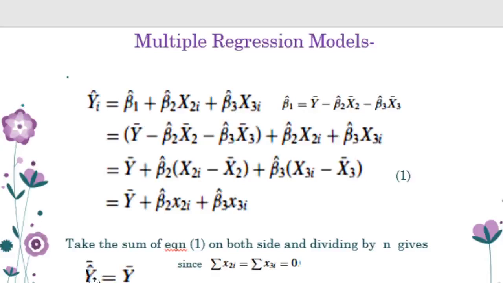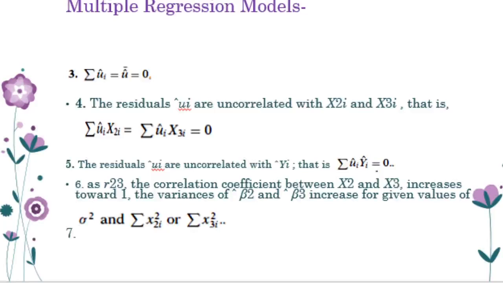That is, the mean value of the estimated yi equals the mean value of the actual y. This is the second important property.